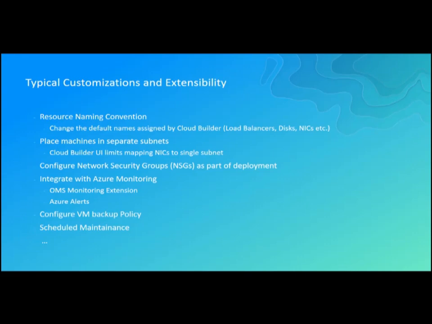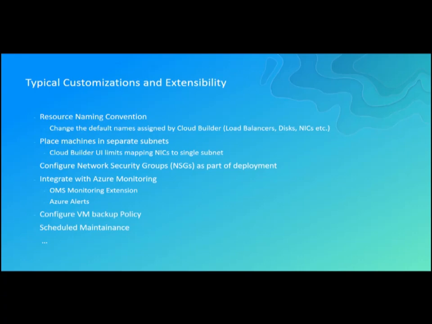Another ask is people actually want to split up their deployment and have them in separate subnets. You typically might have sort of a DMZ versus inside-outside network layout. Cloud Builder only lets you specify one subnet due to UI restrictions. But with the ARM template, you can actually go in there and explicitly specify the different subnets.